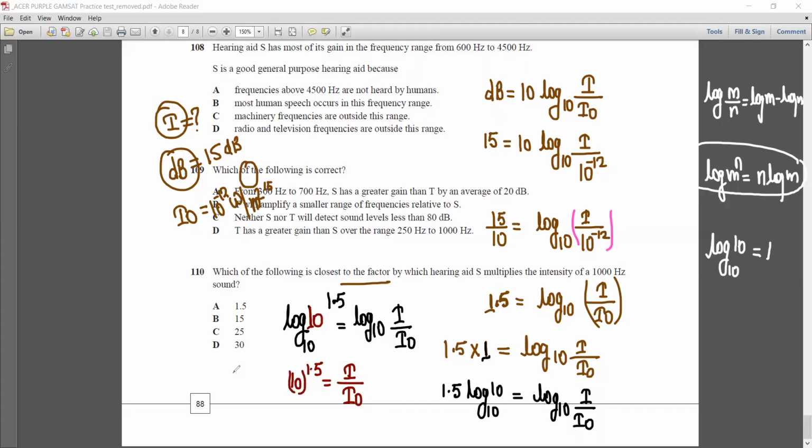The square of 10 is something around 100. If you calculate 10 raised to the power 1.5, you will get something around 31. So 31 is the factor for I over I naught. So the best answer should be D here, 30.